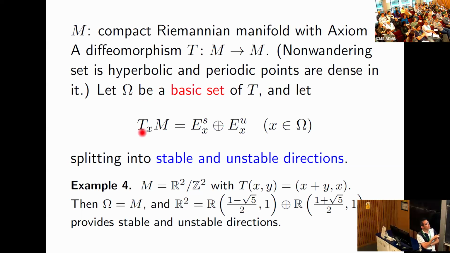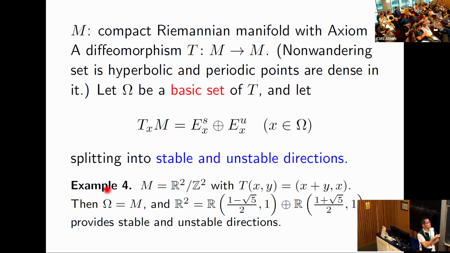Let this equation be the splitting of the tangent space into stable and unstable directions. So E^s is the stable direction, and E^u is the unstable direction.